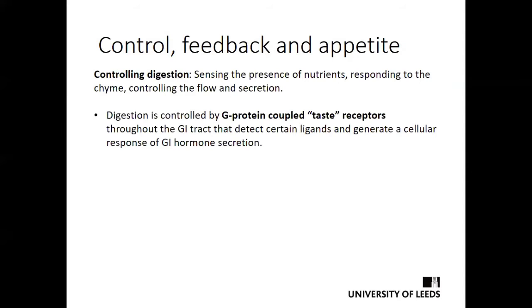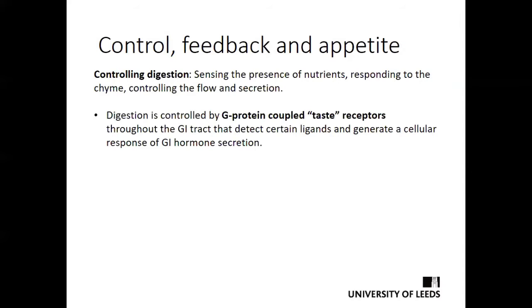So digestion is controlled by G protein coupled receptors. These vary widely. We have a lot of them. So even in the mouth, taste is governed not by 5 different taste receptors, as you might expect, but by a whole range of different receptors, depending on the taste we're talking about.